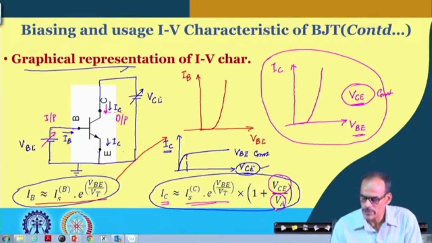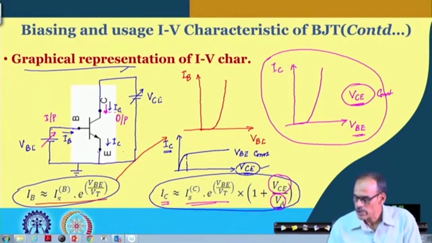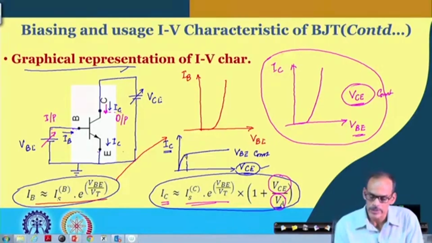Of course, depending on the value of VA, we can say it is independent. Now, what is the significance of this VA and the slope of this line? It is the following. If you extrapolate this IV characteristic, wherever it intersects the VCE axis, whatever value we get, that voltage is minus VA.